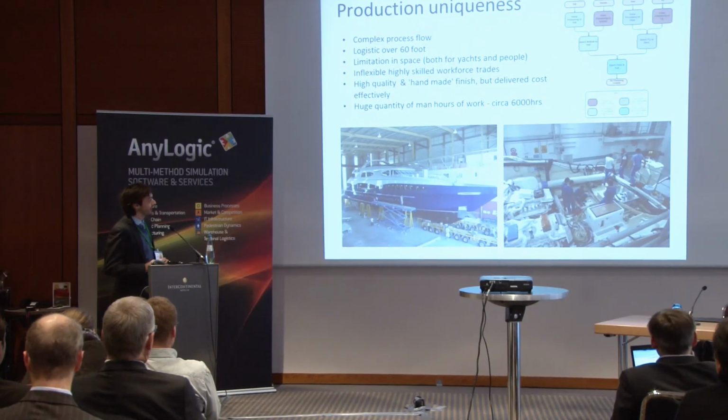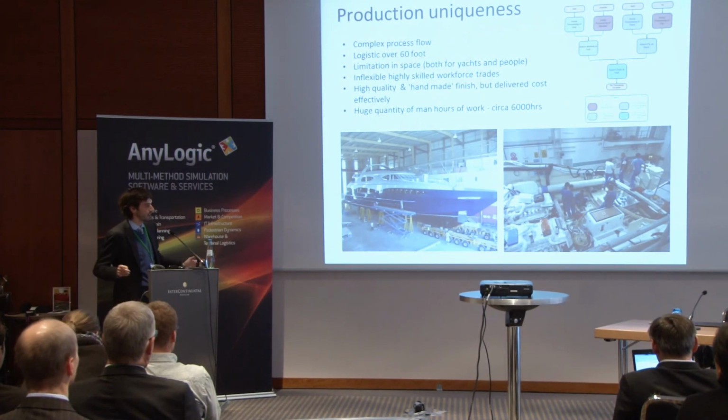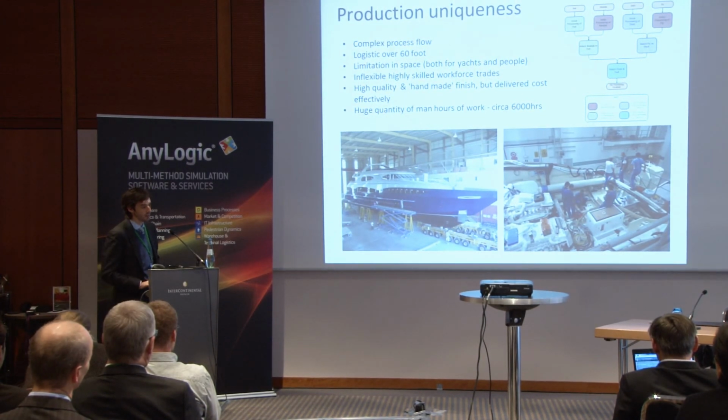Moving a part that is 20 meters long and 5 meters tall is not easy. And if you don't move this part at the right time, in the right position, you risk creating a physical bottleneck in the plant and slowing down all the operations.